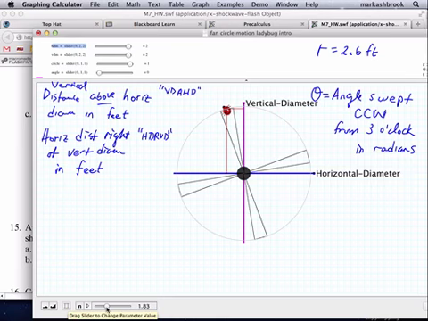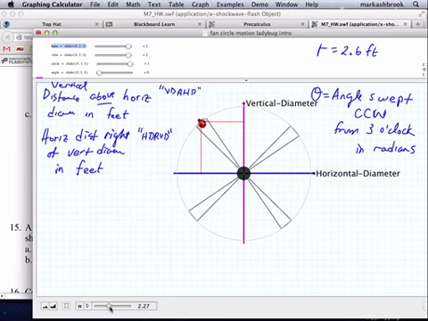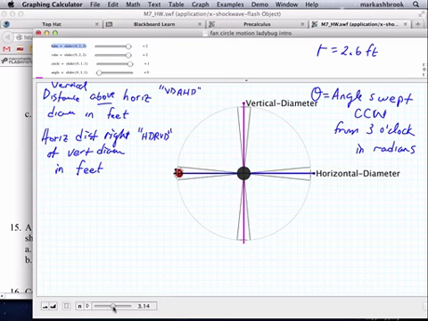Pi radians, good. At the left edge, and what will the value be? Negative 2.6, right? Right there, that second quantity will be negative 2.6. That's the lowest value it will attain. Okay. Any questions on that kind of setup?